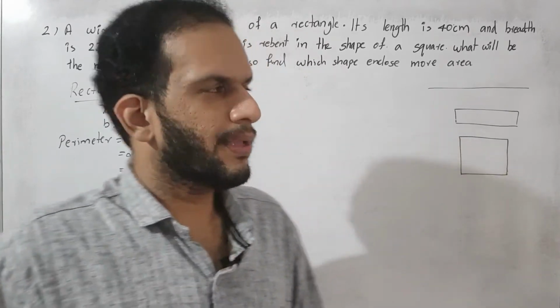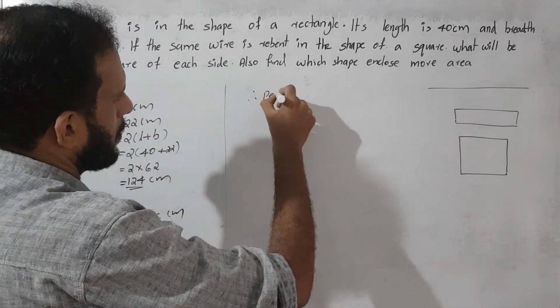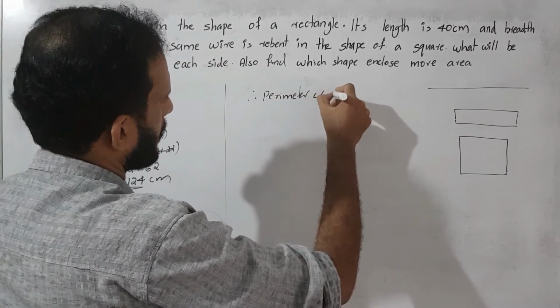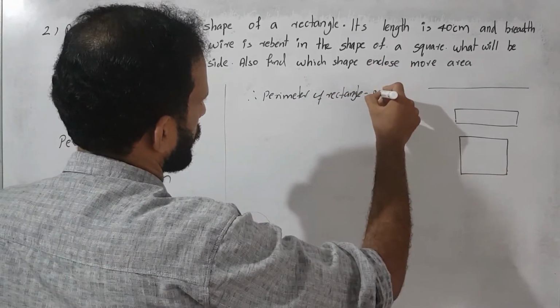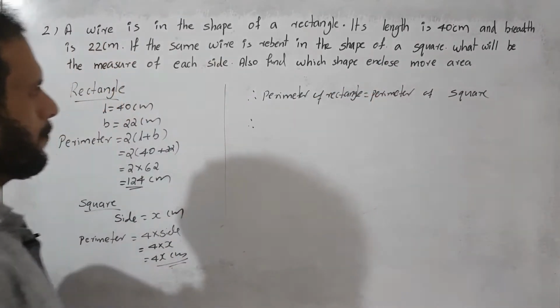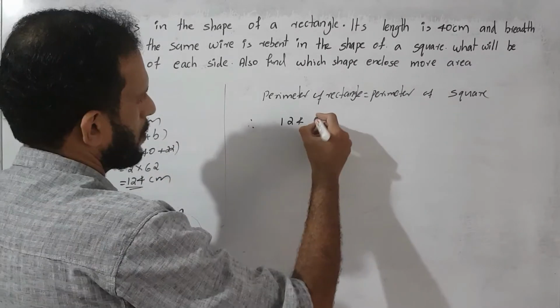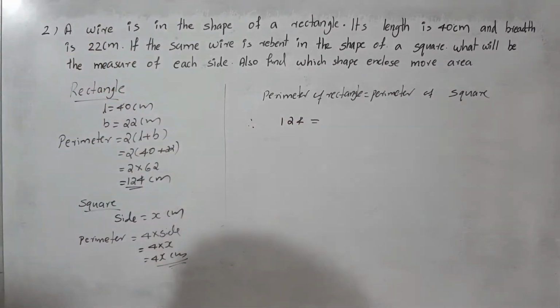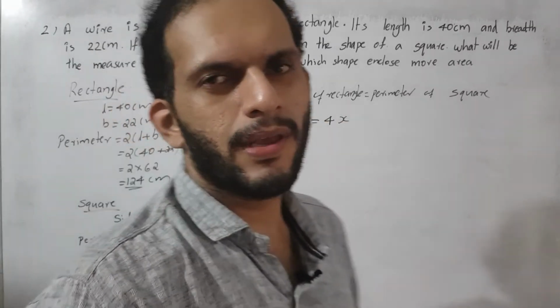Correct. So what is the next condition? Therefore the perimeter of the rectangle is equal to the perimeter of the square. Therefore 124 is equal to 4x.